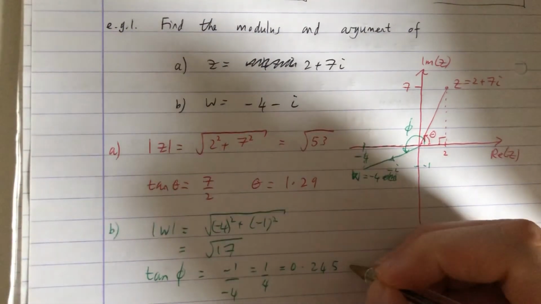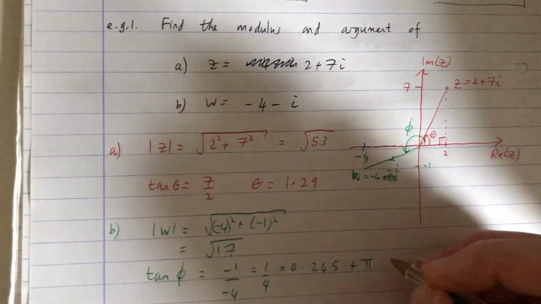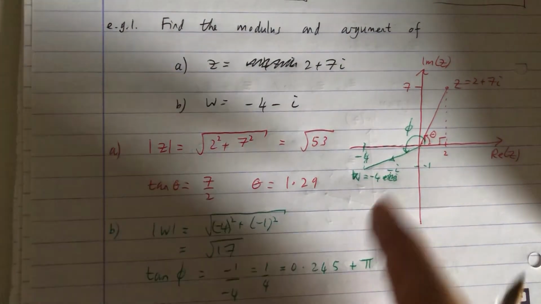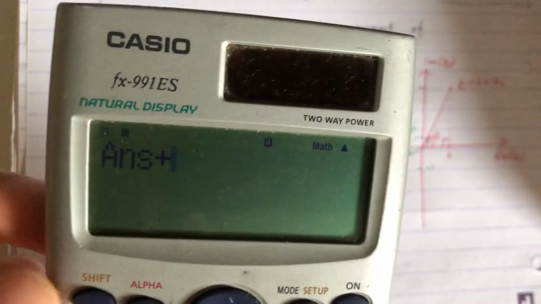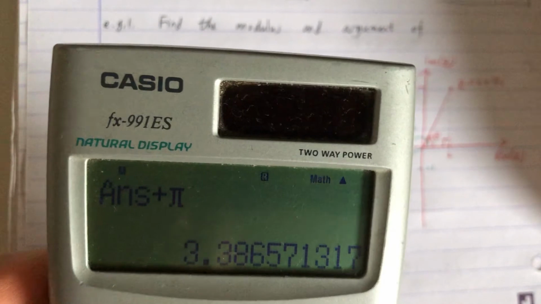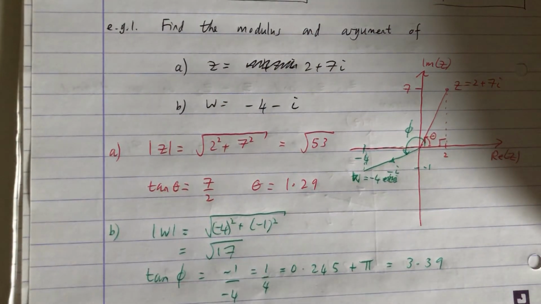And if you add pi, you get into this correct quadrant, which is 3.39 to 3 significant figures.